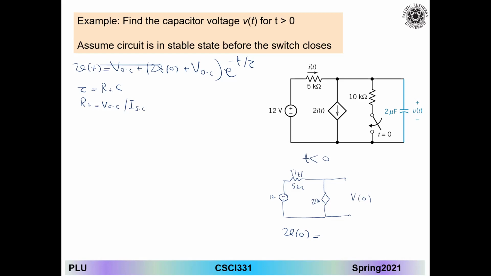I did KCL on the node to get the I of t, but it's not in terms of time, so I think that's wrong. Okay, see what else. Try to think logically, so you don't have to do something else just to find the values.